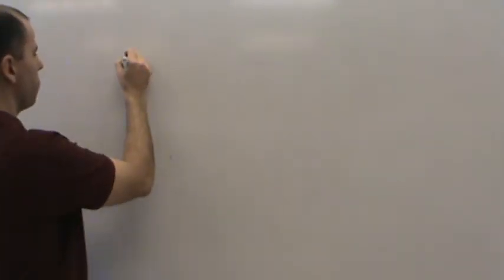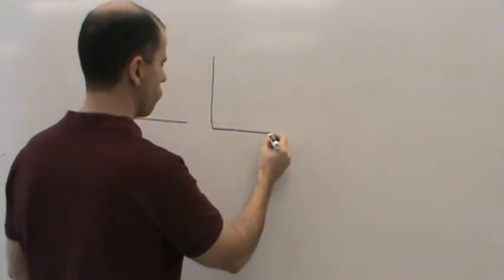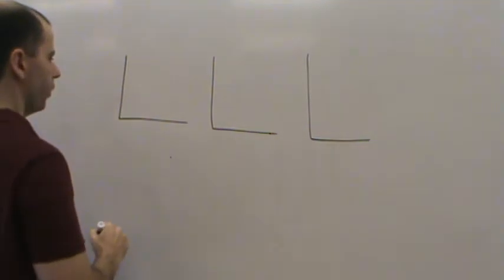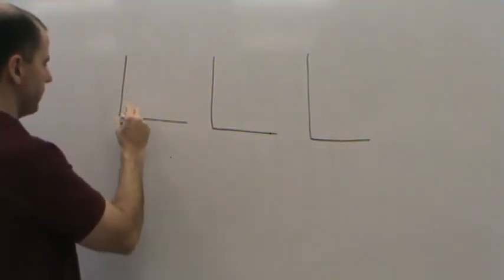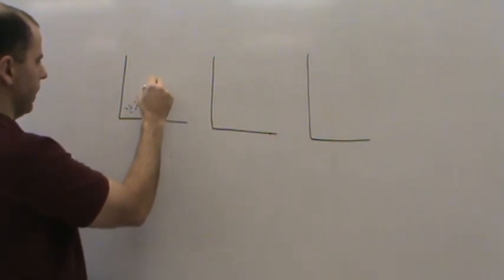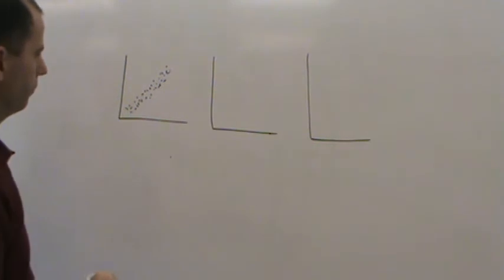So let me draw three different graphs. For here, I'm just going to use this as an example. This would be definitely a strong association.